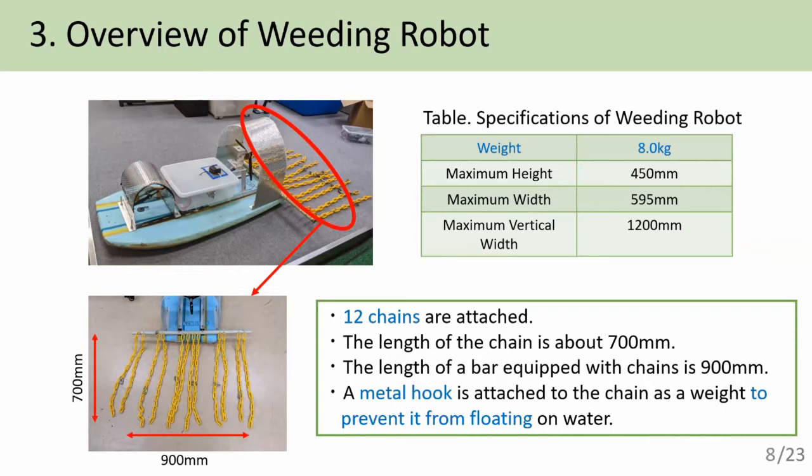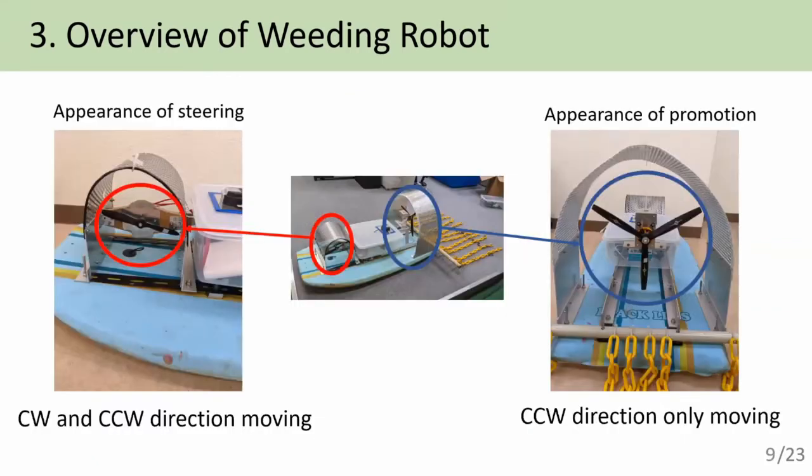A metal hook is attached to the chain as a weight to prevent it from floating on water. Next, the driving unit is divided into 2. The steering motor moves clockwise and counterclockwise. The propulsion motor only moves counterclockwise.